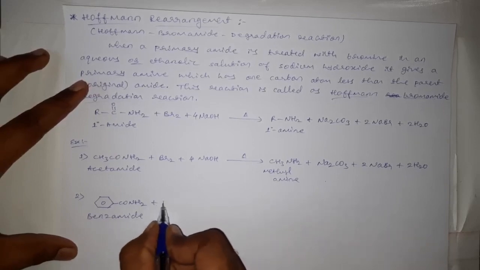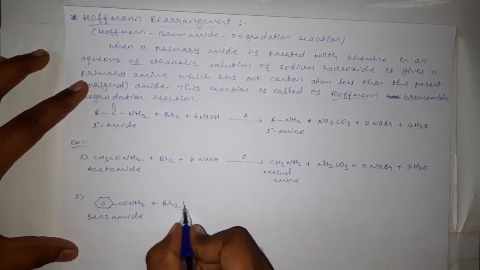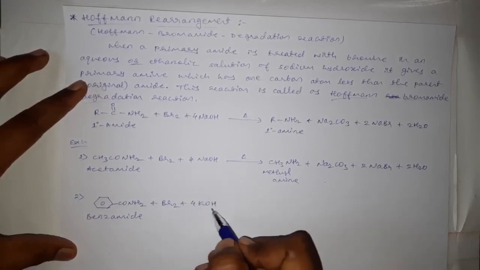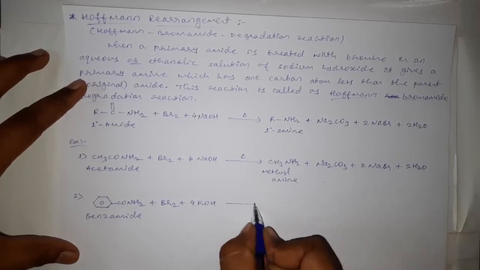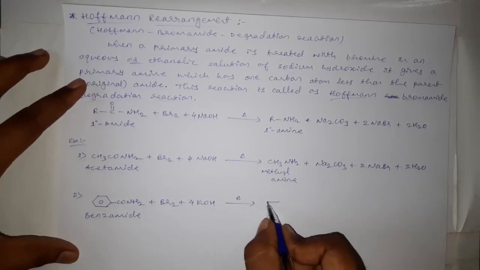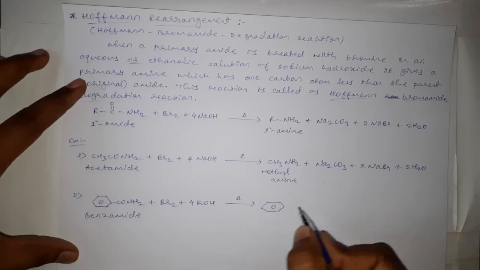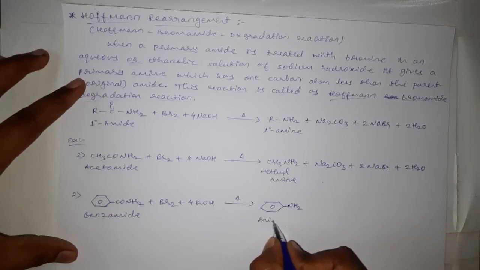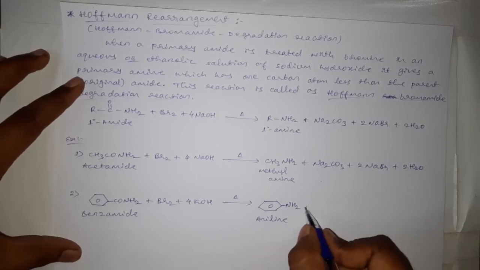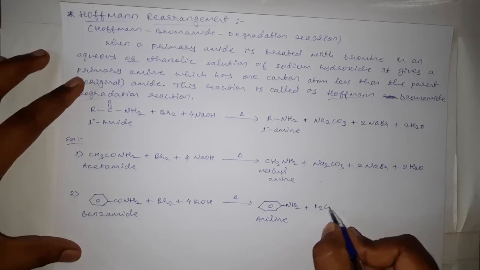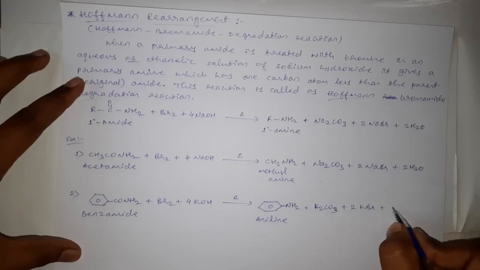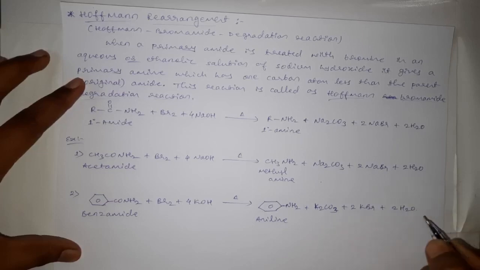Benzamide, when treated with bromine in presence of 4 moles of potassium hydroxide, in place of NaOH we can use KOH also, gives NH2, aniline, and K2CO3 plus 2 moles of KBr plus 2 moles of water.